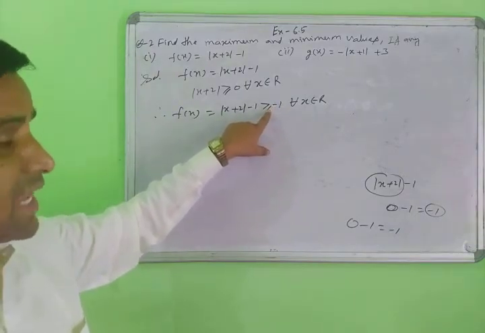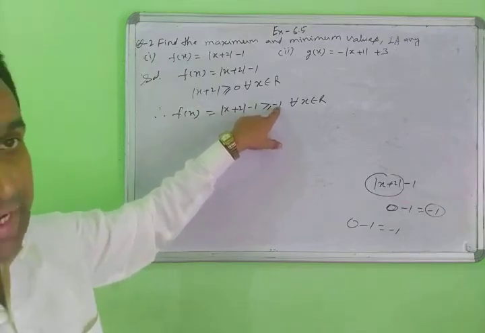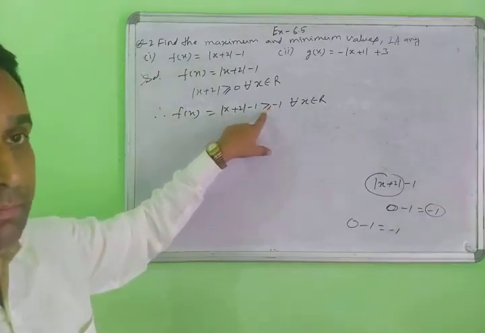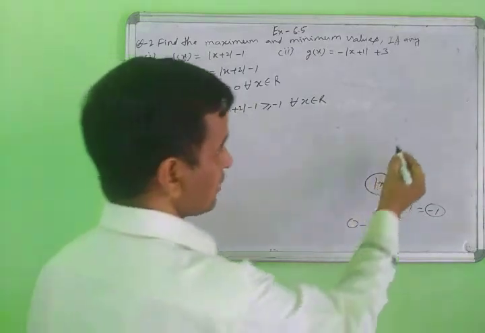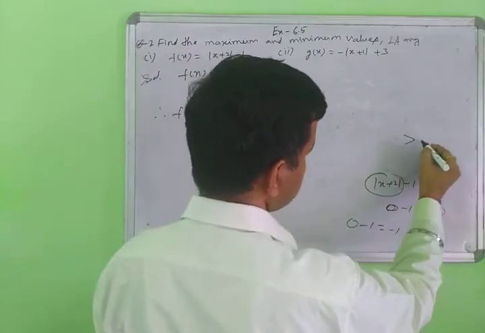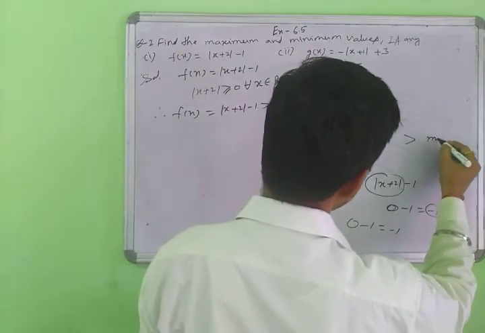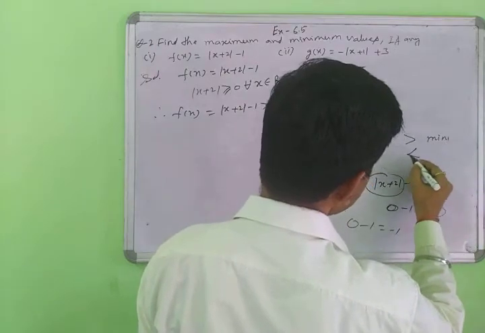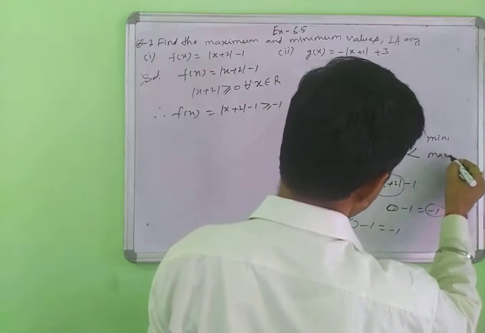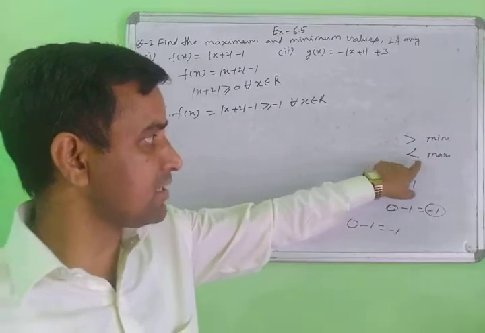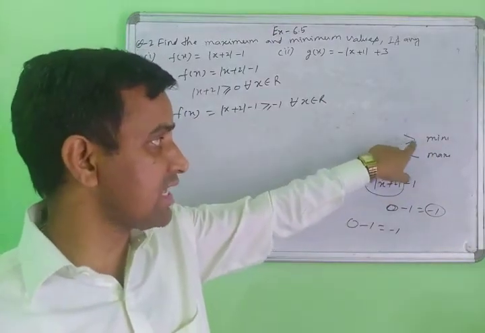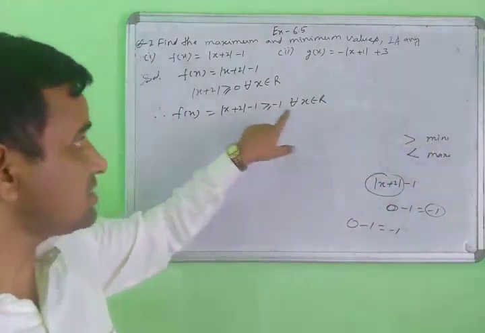When you put the less than sign, this gives the maximum value. When greater than, then minimum value. A less than sign always has the maximum value, and a greater than sign has the minimum value. So this is the minimum value.